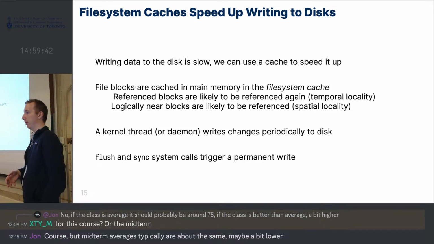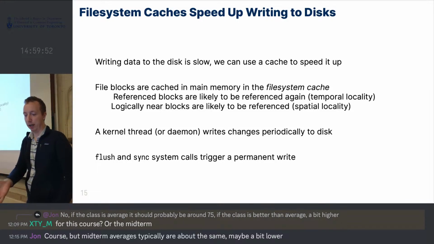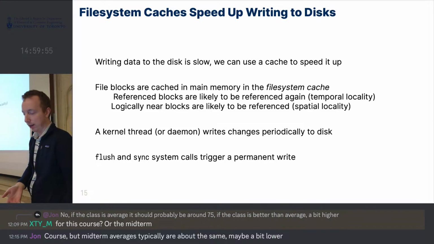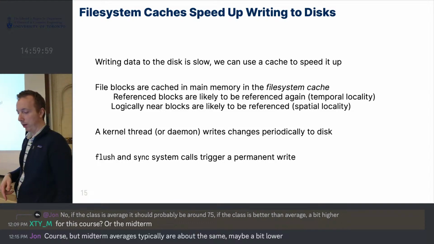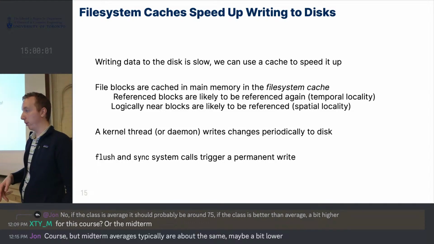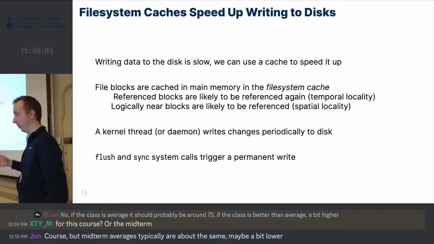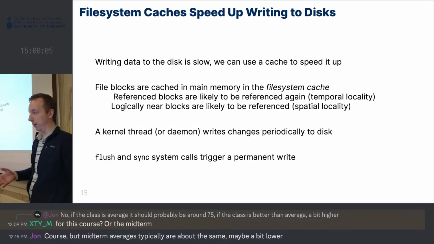So sometimes when you modify a file and then you pull out the power cord, well, your disk is supposed to be persistent, but if it was actually cached and it didn't write it out, you might not actually see your changes on the disk. And that's what the commands flush and sync do.